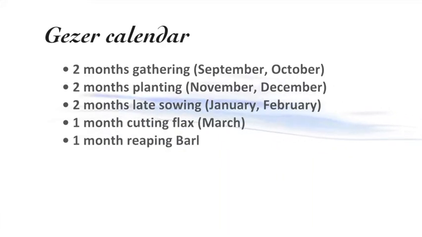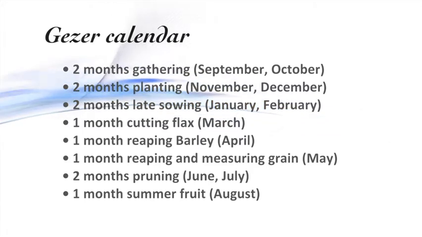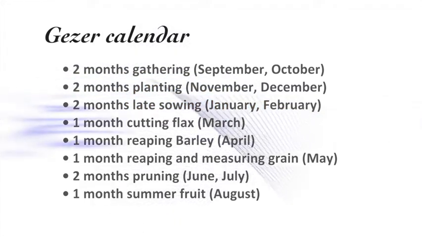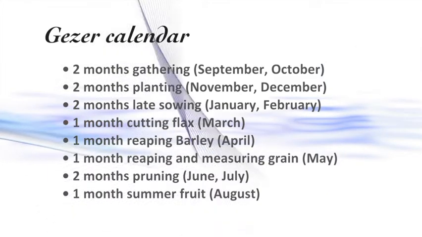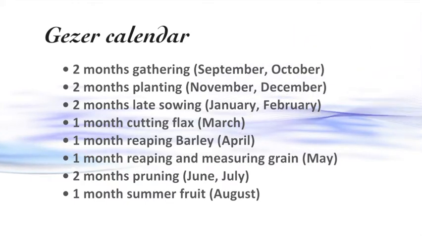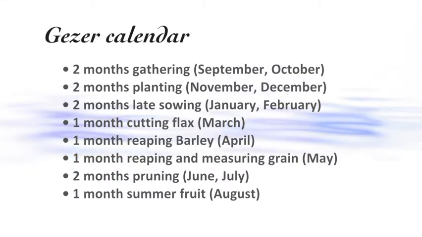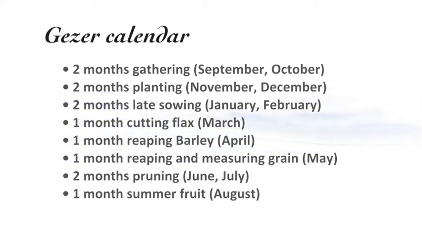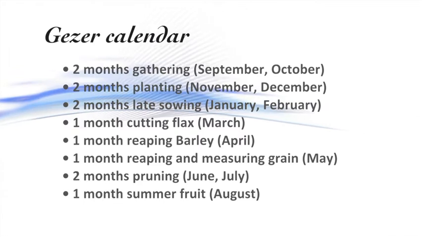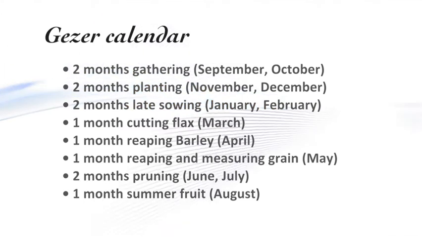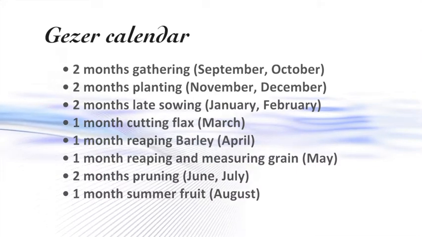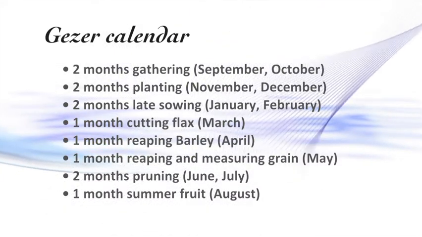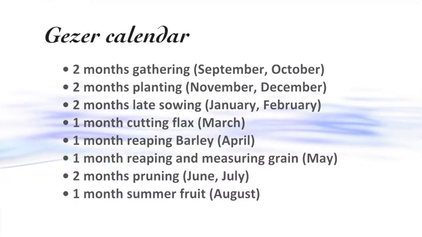It reads, 2 months gathering, that's September, October, 2 months planting, November, December, 2 months late sowing, that's January, February, 1 month cutting flax, that's March, 1 month reaping barley, that's April, 1 month reaping and measuring grain, that's May, 2 months pruning, that's June, July, 1 month summer fruit, that's August.